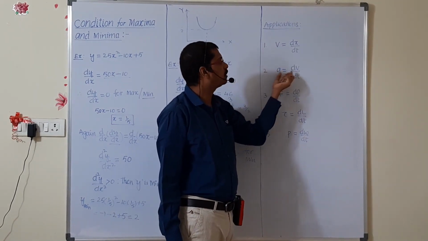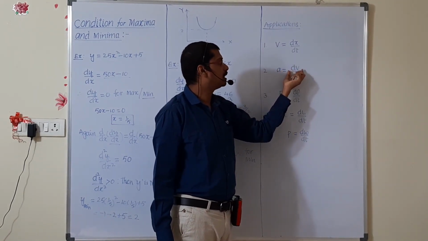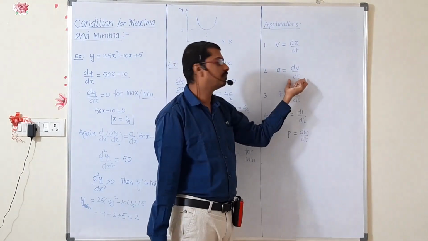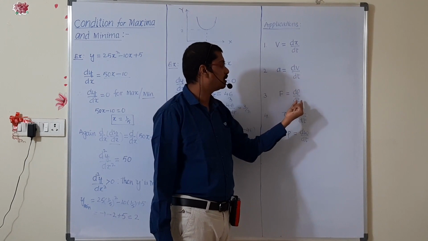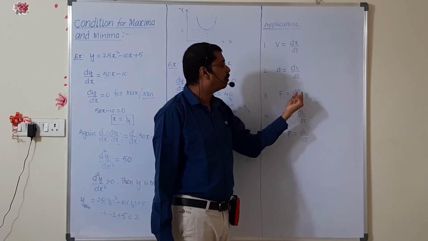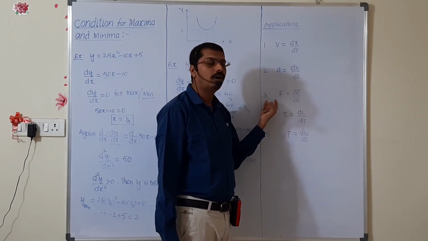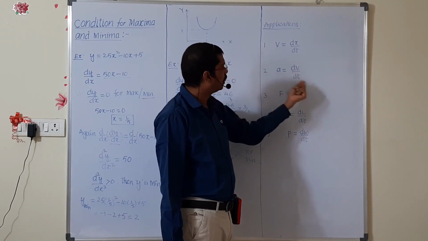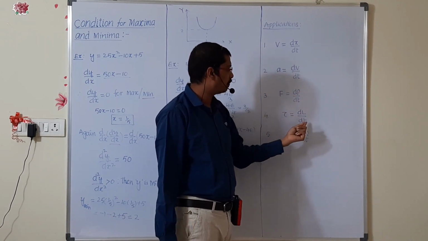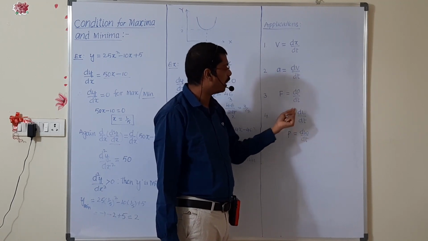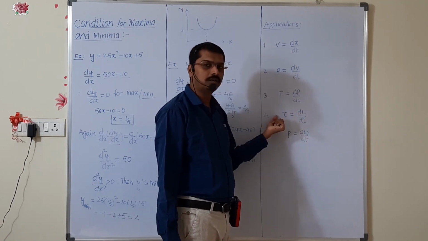For acceleration also, velocity changes with respect to time, so we can write acceleration. For force, the rate of change of momentum is called force, and this is also a part of differentiation. Tau is delta L upon delta t, the rate of change of angular momentum is called torque.